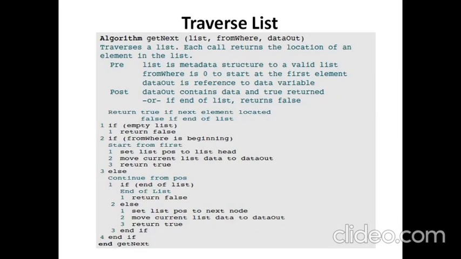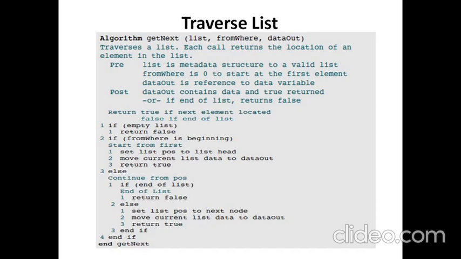Count and traverse list. So the traverse algorithm is meant for traversing or visiting each and every node in the linked list. For that the logic is, you start from the first node and you keep moving from one node to another until you reach the last node, which will be known by hitting the null pointer.